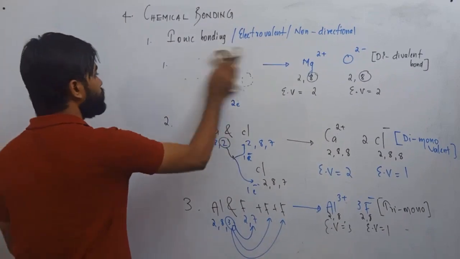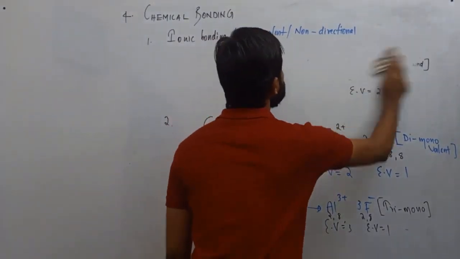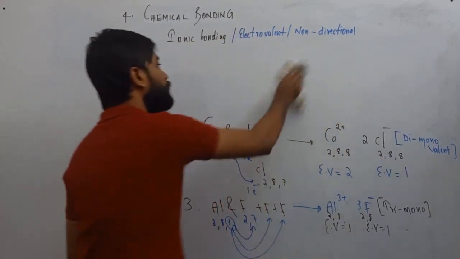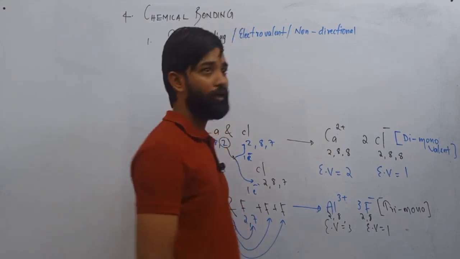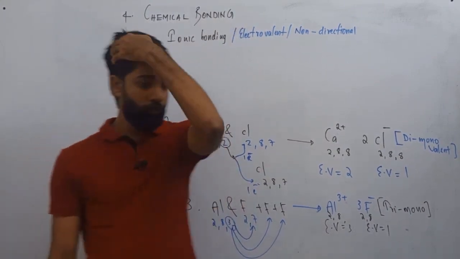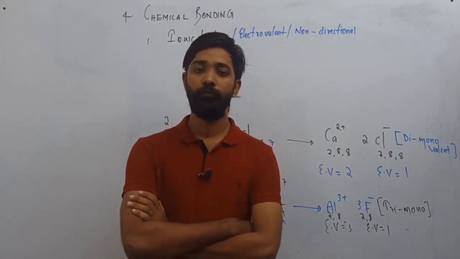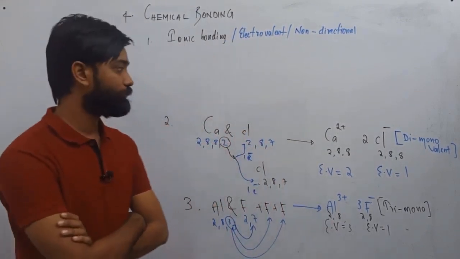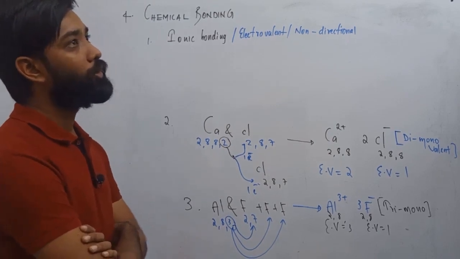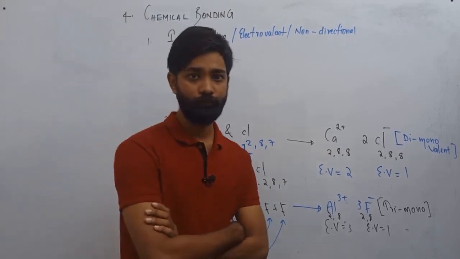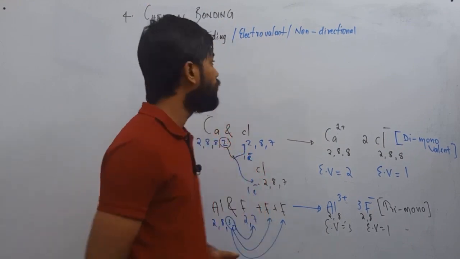The next point. Ionic compounds exist as an entity. Usually empirical formulas of ionic compounds are represented instead of molecular formulas.